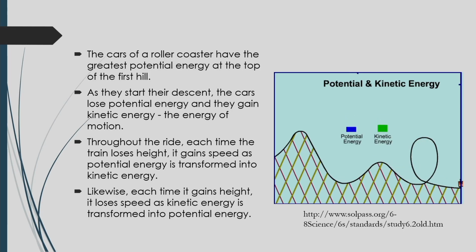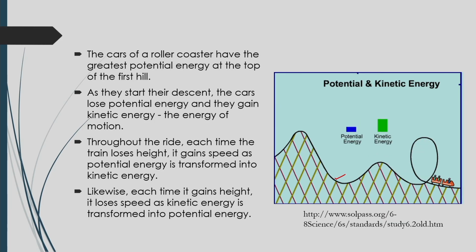Throughout the ride, each time the cars or train lose height, they gain speed as potential energy is transferred into kinetic energy, just by changing the height of the hill.